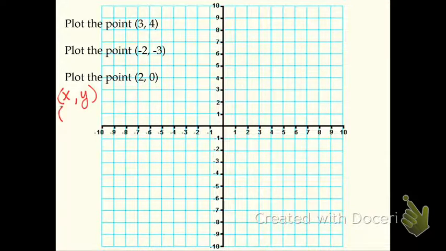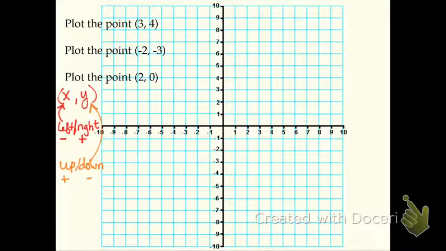And the x values are the horizontal values that either go to the left or the right, left being negative, right being positive. And the y values are going to tell you where to move up or down, up being positive, down being negative.